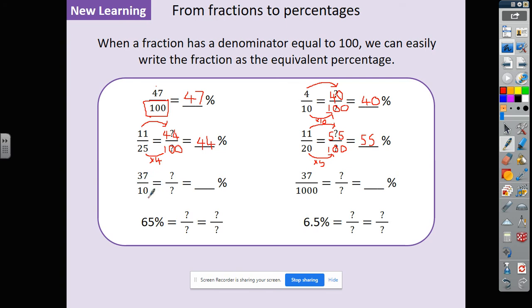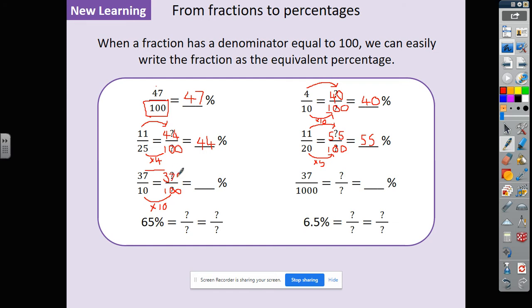So 37 over 10 this time. So what's the first thing I'm going to do? Get to my denominator of 100. To get there, I'm multiplying it by 10 again. I do the same to my numerator, so I multiply this by 10. That's going to give me 370.